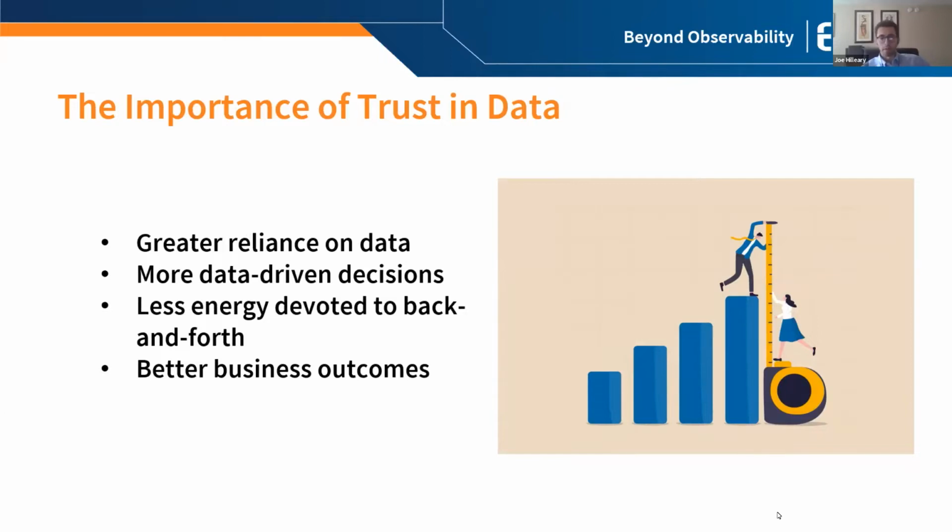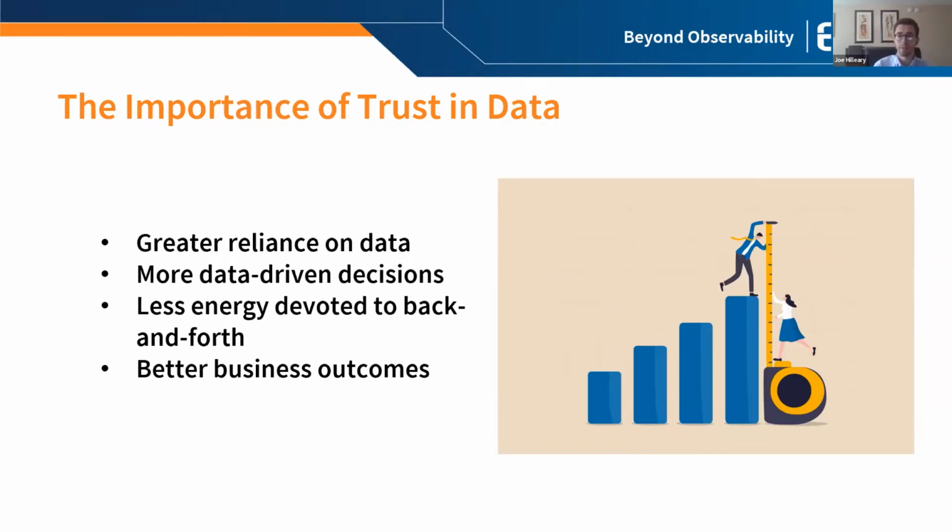So great, you've got business users getting higher quality data in front of them in environments where they're making decisions. But why is that important? Like I said, if you're relying on the data, you're making more data-driven decisions, and you've got less energy being devoted to this back and forth, right? When a business user says, oh, there's something wrong with my data, this doesn't look right, that kicks off a whole workflow that takes time away from the business user doing their tasks that they're supposed to be using that data to do.